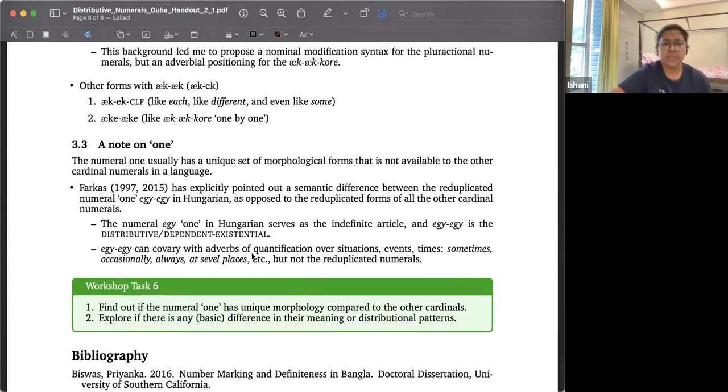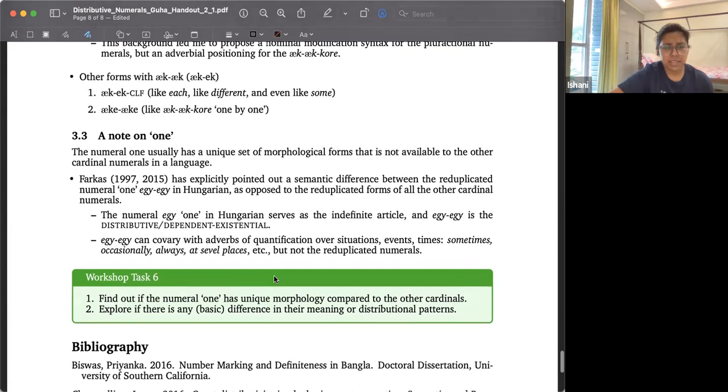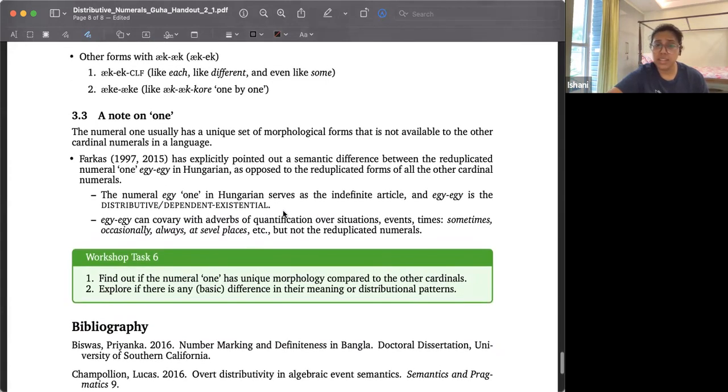Okay, and let me tell you in passing that what Farkas has noted for Hungarian is that the numeral egy, or one, in Hungarian doesn't differ morphologically from the other cardinal numerals. That is, one can be reduplicated just like the other numerals. So 1, 1, 2, 2. But the reduplicated form of one, or egy, differs in terms of its distributional properties.